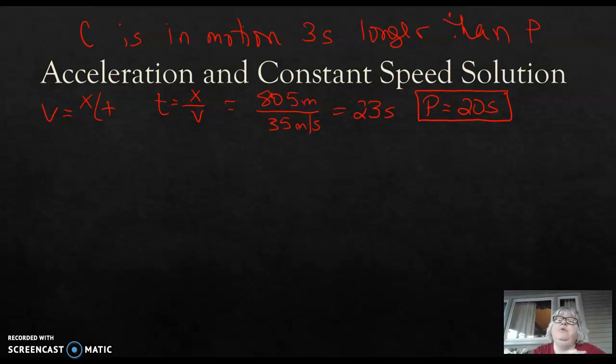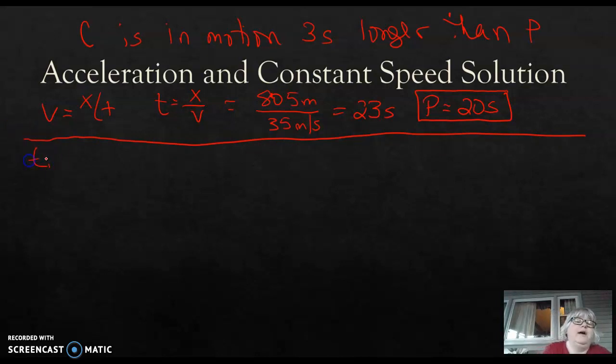I can now use that to help me get my acceleration. Okay, so here's what I know about my police car. First of all, I know it traveled for 20 seconds, which is what we just found.